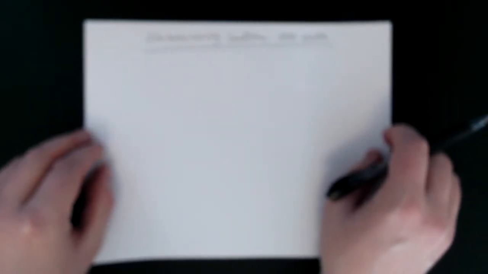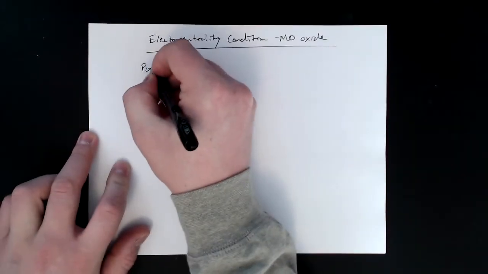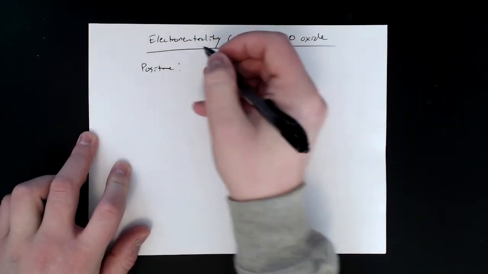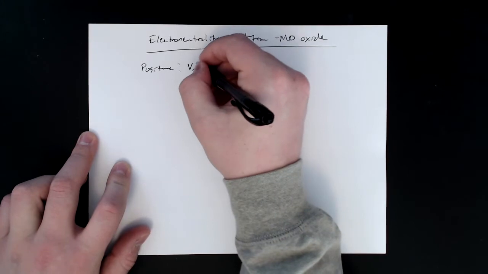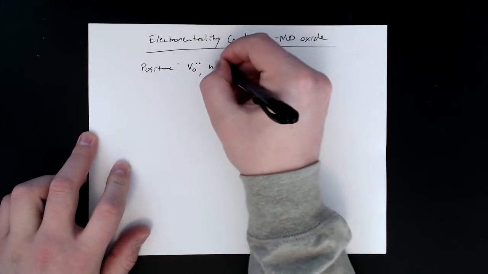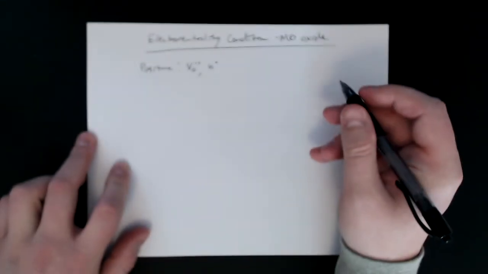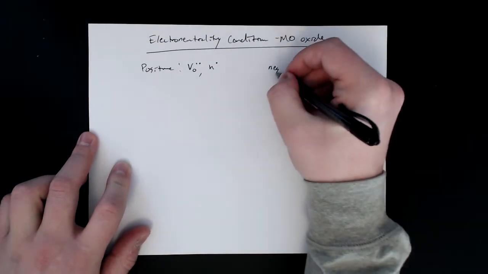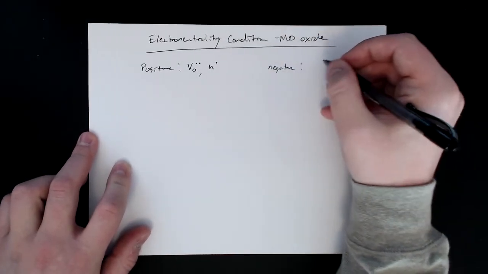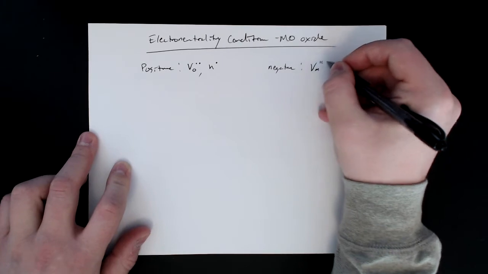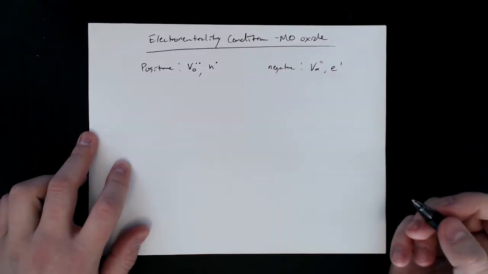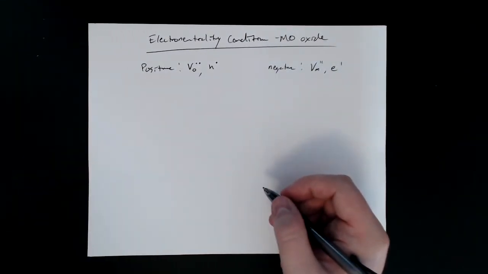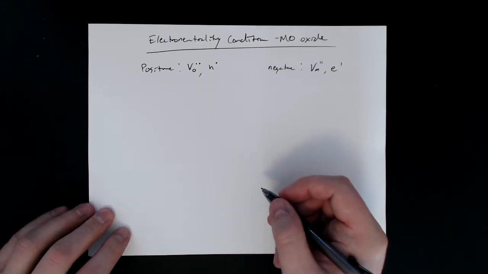So let's write those. For the positive, we had oxygen vacancies and we had holes, right? For the negative side, we had metal vacancies and we had electrons, right? So those are going to be our species, and now we need to write that in terms of concentrations.